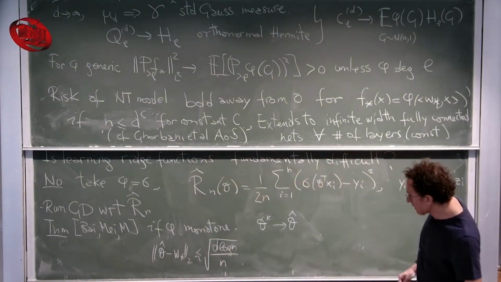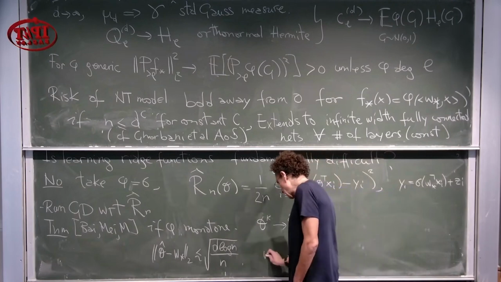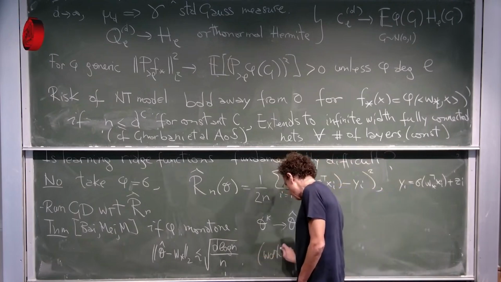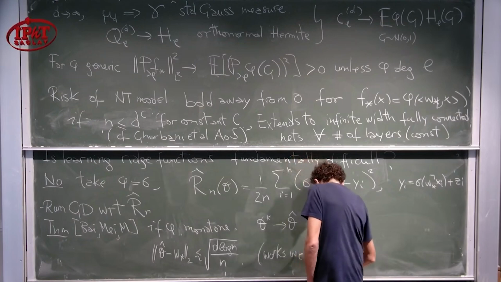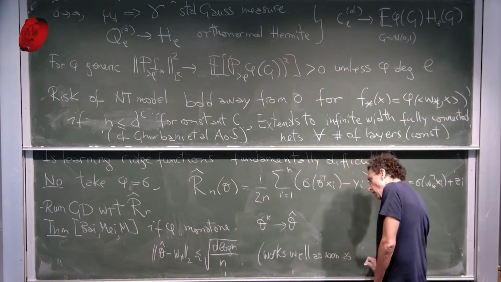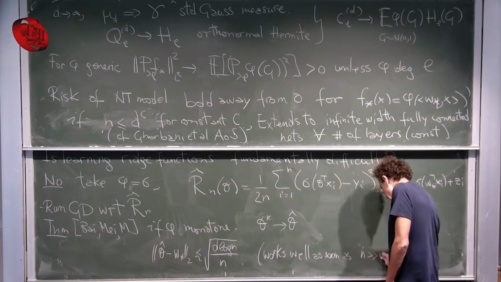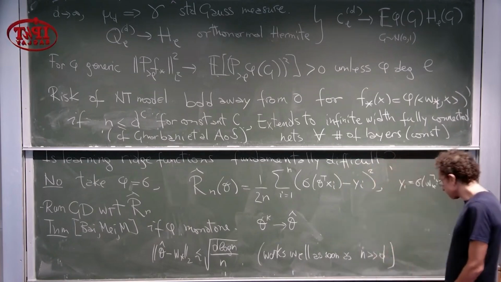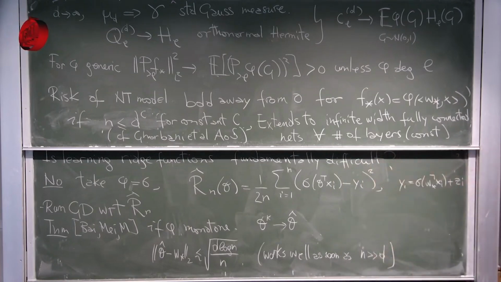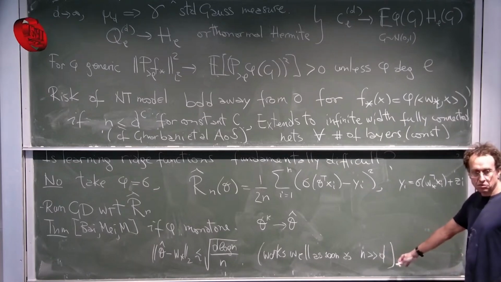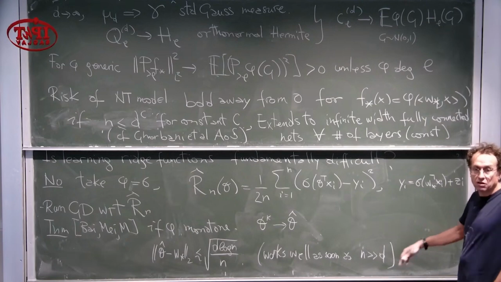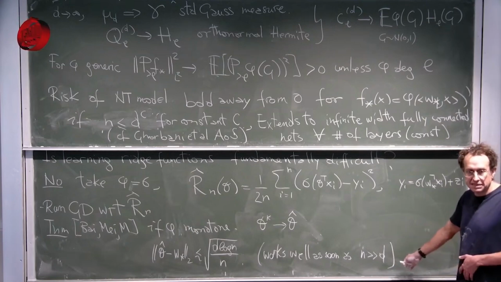Okay, so this works as soon as the sample size n is much bigger. So this is saying that if you go out of the linear regime, this is the optimal sample size. Even statistically, you cannot do better than that.